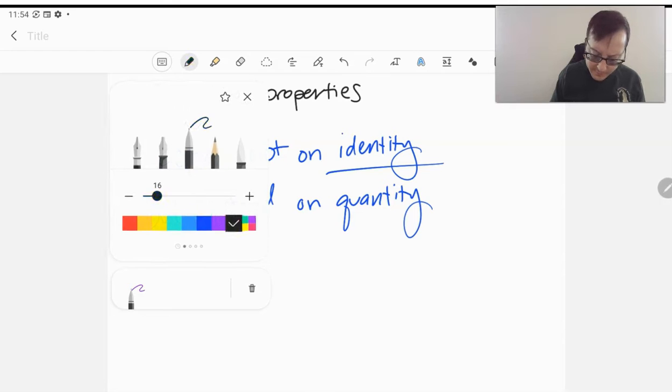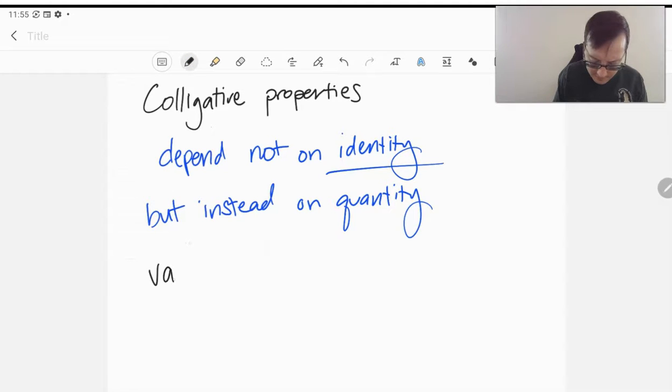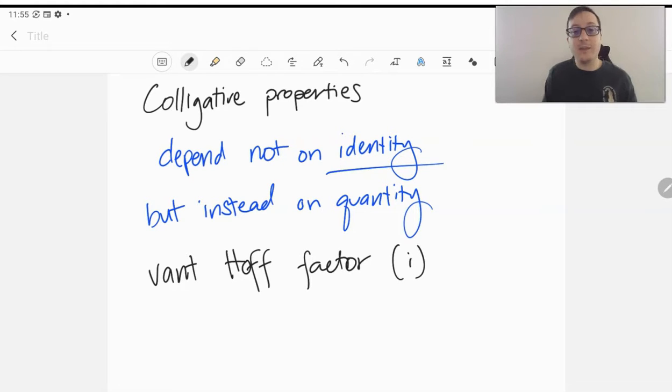And so we're going to introduce something called a van't Hoff factor, which is abbreviated with the letter i. As you can see, there is not a single i in van't Hoff factor, but lo and behold, that will be our abbreviation for it.